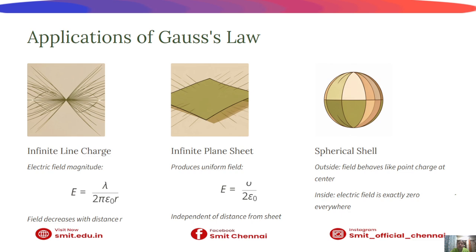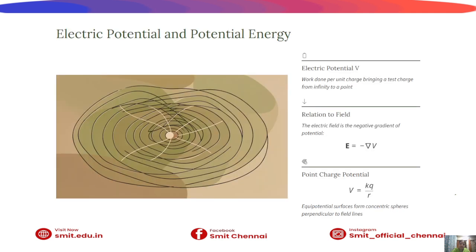In the case of an infinite plane of charge, the electric field remains uniform and independent of the distance from the sheet. For a uniformly charged spherical shell, the electric field outside the shell behaves as if the entire charge were concentrated at the center, while inside the shell, the electric field becomes zero at every point.